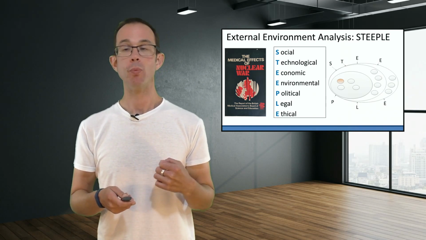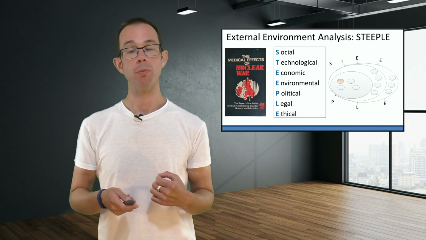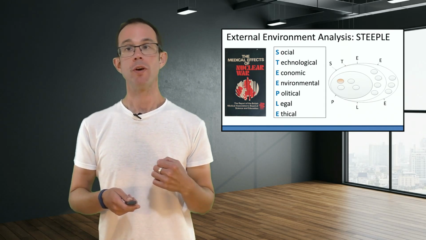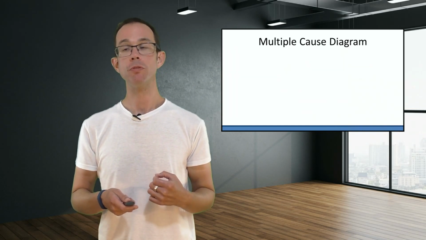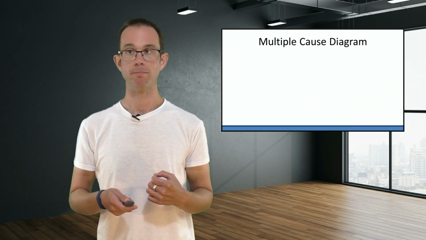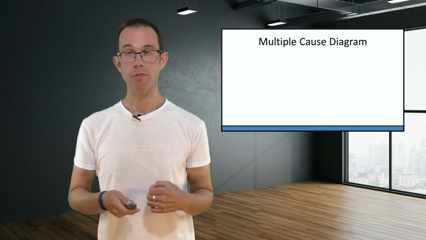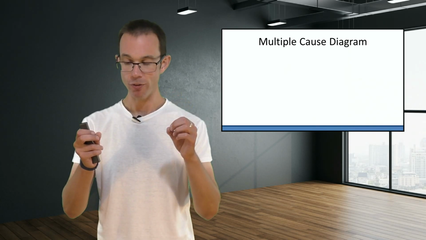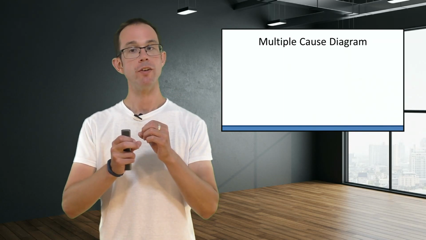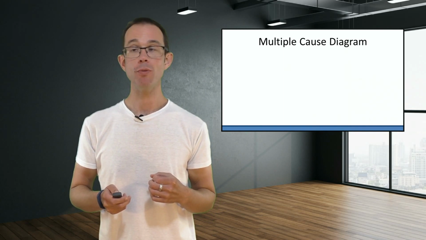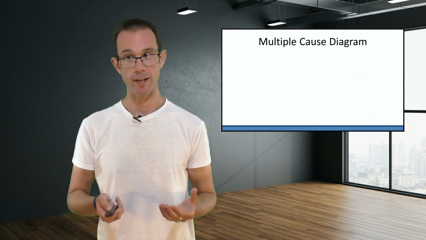Having said that, we probably will be responding to a particular problem or set of problems. So I briefly want to talk about a multiple cause diagram. Again, if you've ever used 5 whys, you've probably found that you ladder down 5 whys and you find multiple causes. A multiple cause diagram is a great way of illustrating that.